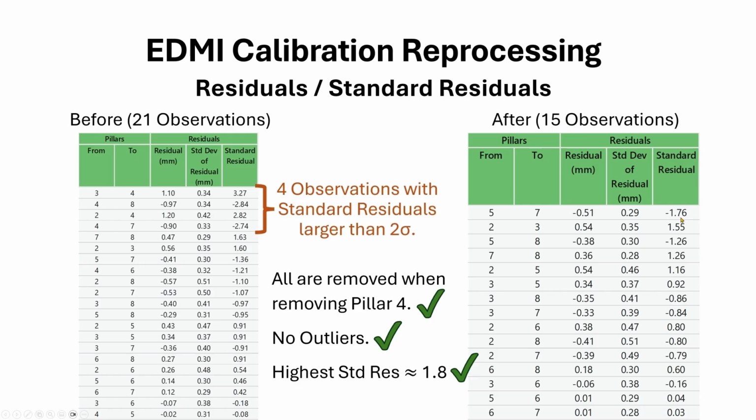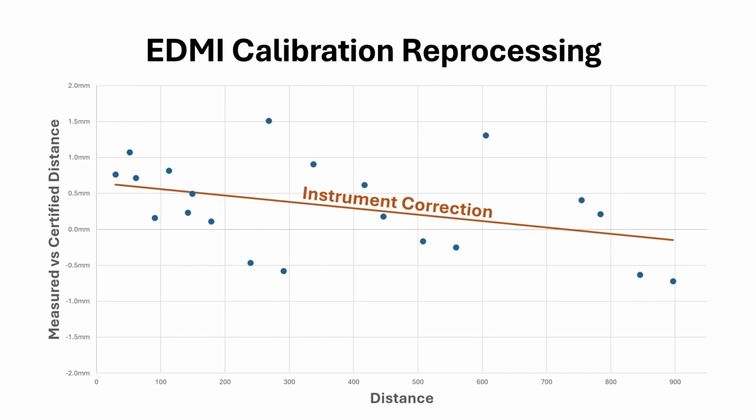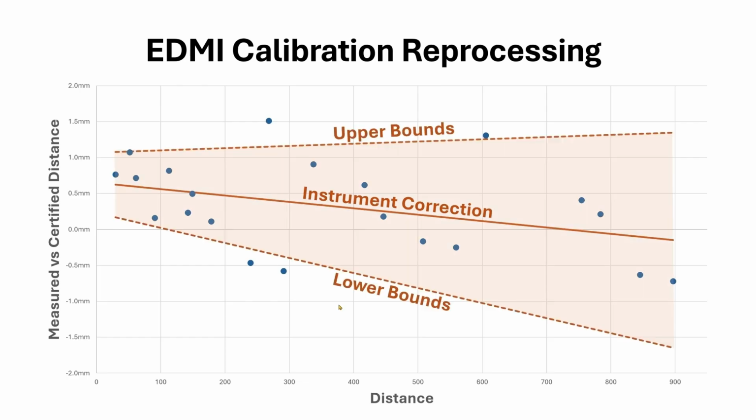So that's really good. So let's bring up a graph again, see if we can visualize what we've just done by removing these pillars. So here's the original adjustment, which I had labeled as before, which is all the 21 observations, including pillar 4. So firstly, let's add in our upper and lower bounds of the instrument correction. The upper and lower bounds are using the instrument correction values along with the uncertainties at 95%.